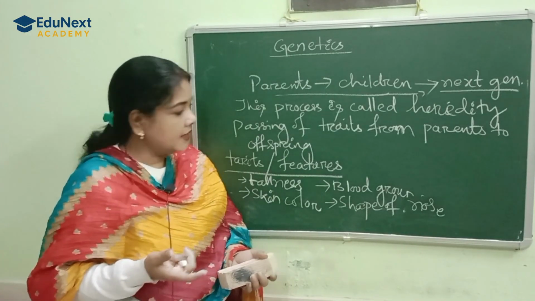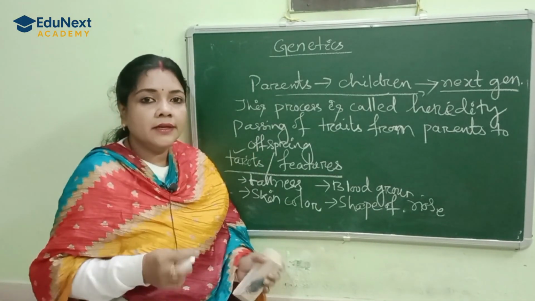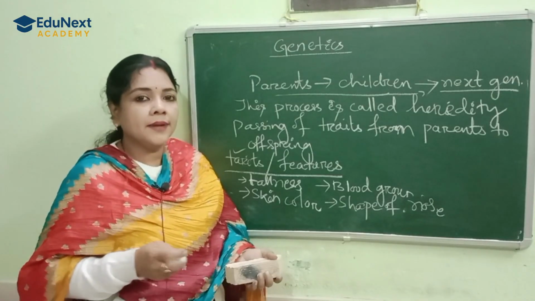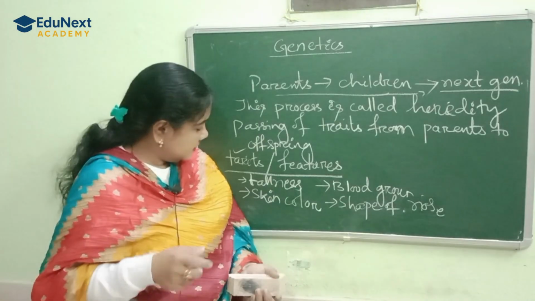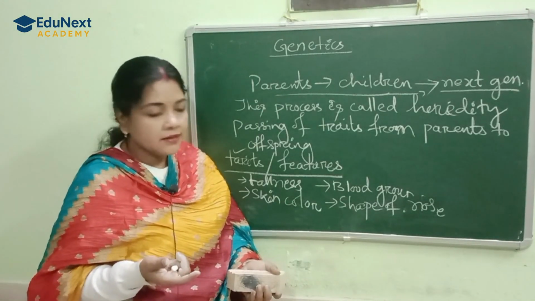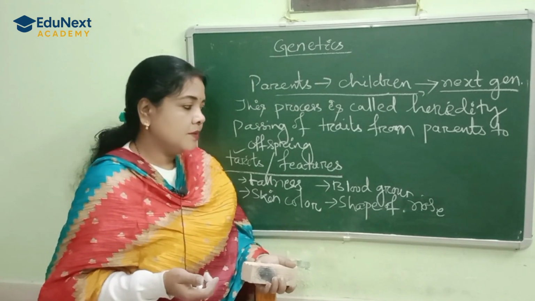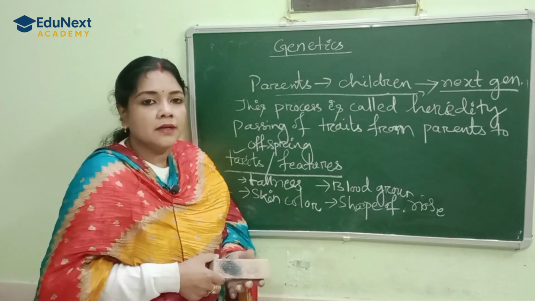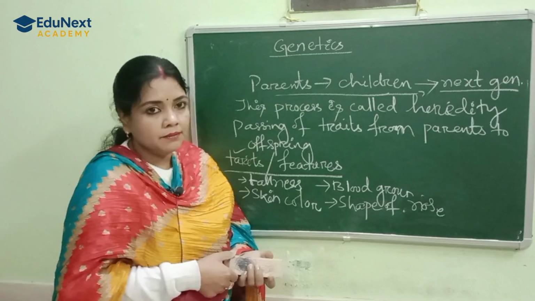Basically, heredity means the traits. What are the traits? Features. What are the features that can pass from parents to offspring or their children? The features may be tallness, skin color, blood group, or the shape of the nose. You might have seen that some children are like their parents.